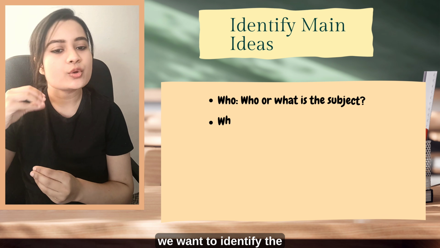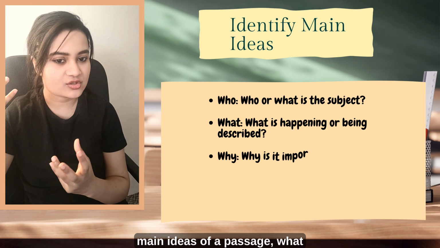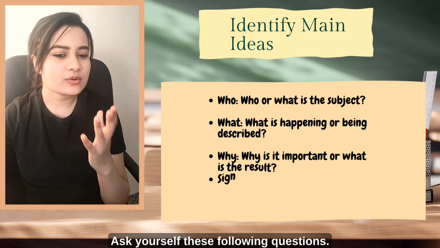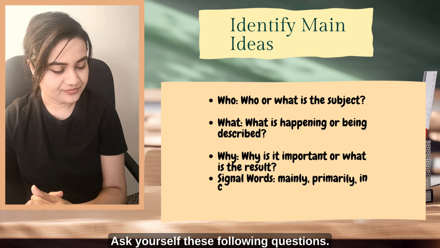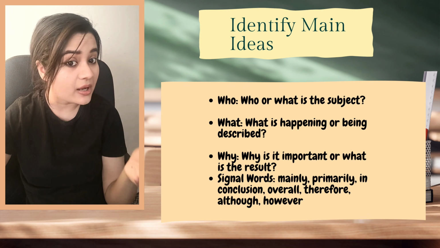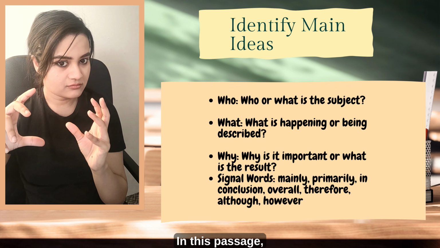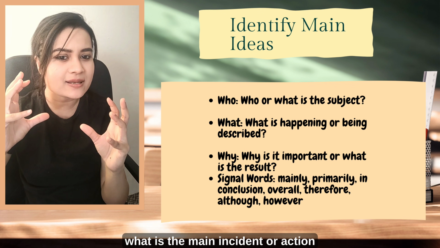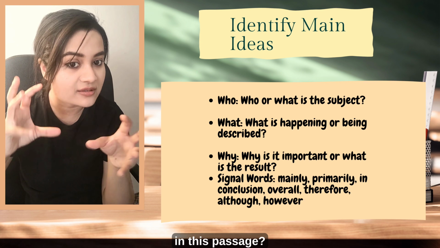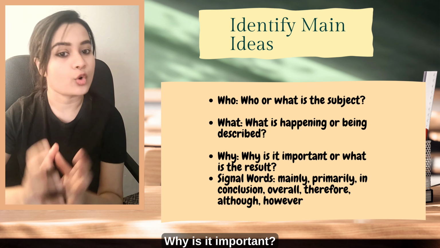When we say that we want to identify the main ideas of a passage, ask yourself these following questions. Who or what is this passage about? What is happening in this passage? What is the main incident or action in this passage? Why is it important?